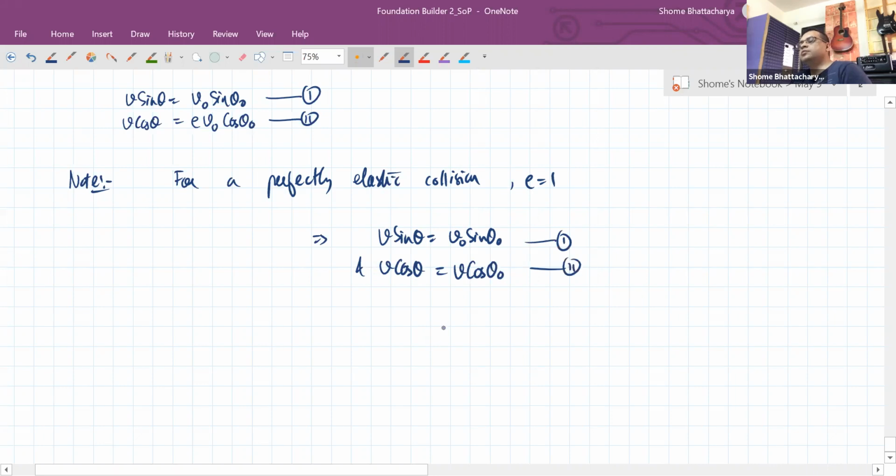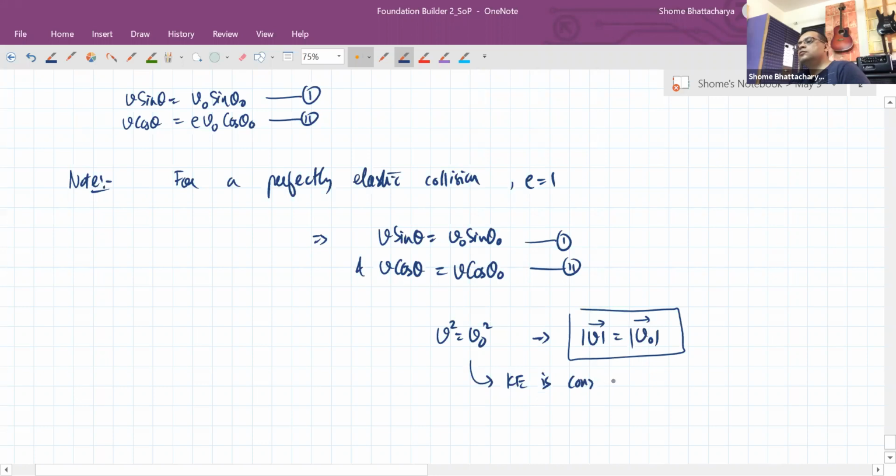So if you square and add them, you can see that V squared becomes V naught squared, or the magnitude of this velocity is equal to the initial one. So kinetic energy is conserved. This you will get if you square and add the equations.